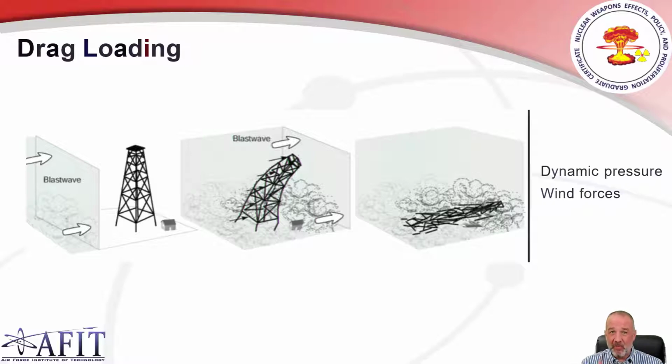So the blast front passes right through, but what happens is all of that wind, that moving air behind the blast wave, will then come along and just start to push everywhere on the structure, doing its level best to knock it down. And this is called drag loading because literally the wind, the air is dragging on the components of these structures and exerting pressure on them all over.